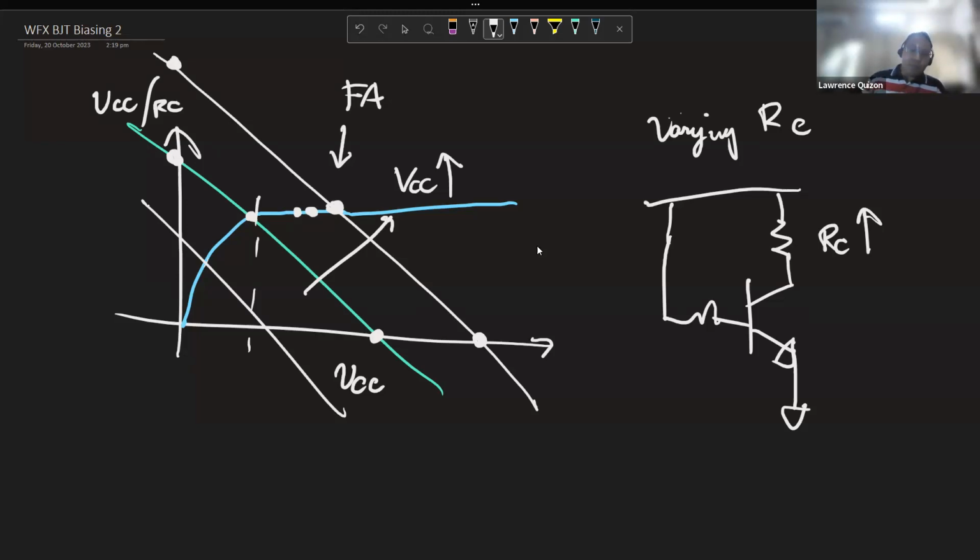So that's the trade-off. The circuits are actually very sensitive to VCC. Increasing VCC increases the power consumption of the circuit, so we don't like that. But decreasing it, while it lowers the power consumption, puts you into saturation most of the time.